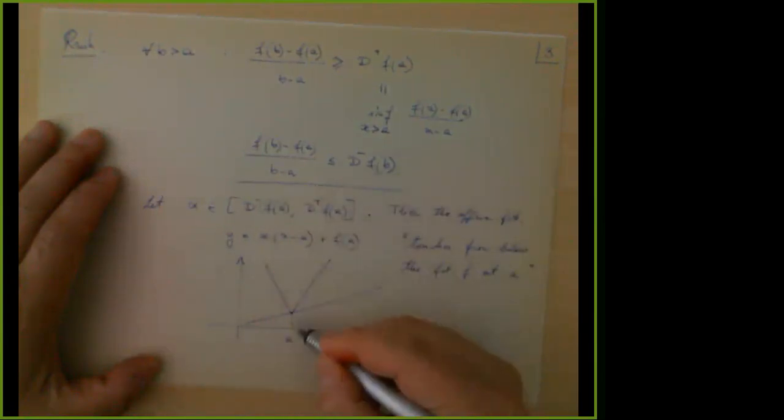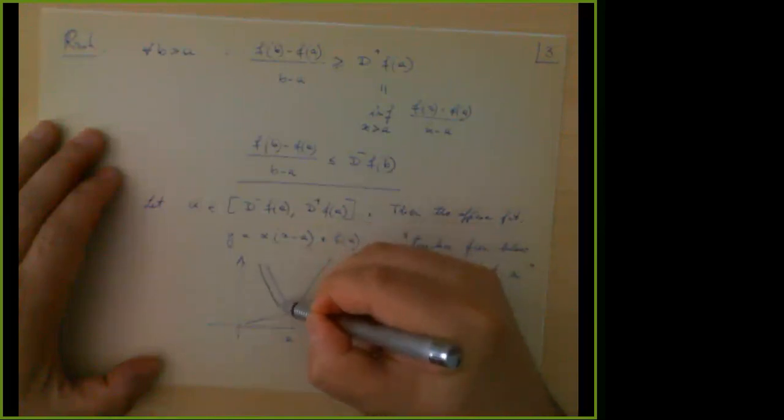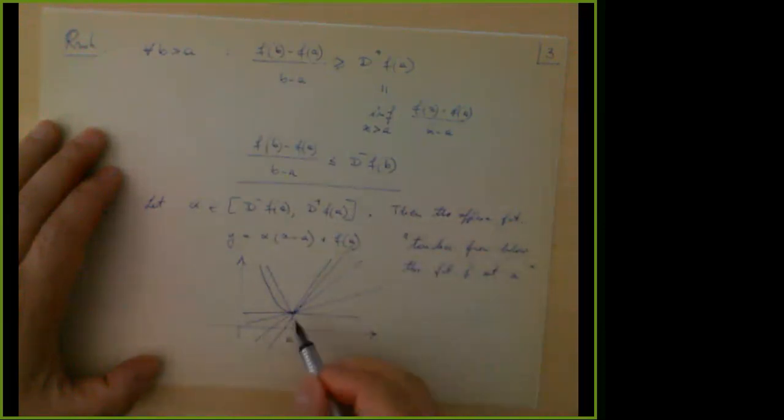You see that d plus is the derivative with this slope. Of course, here I could have chosen something a bit less extreme than this, something like this, for instance. You see that all straight lines going through the point touch from below.